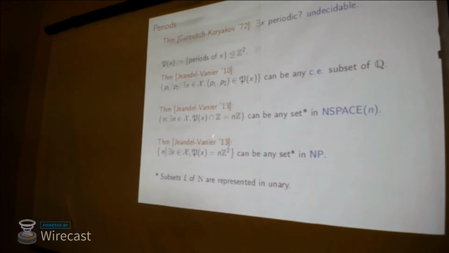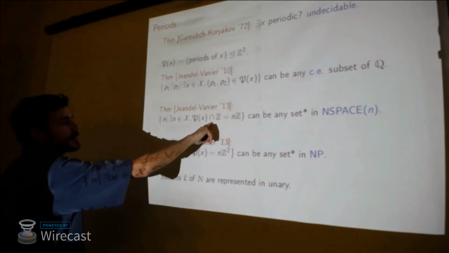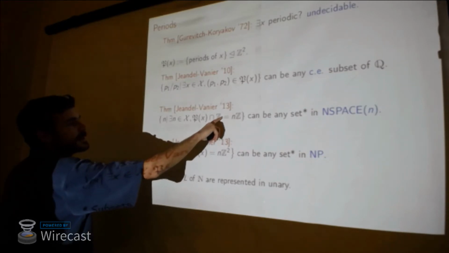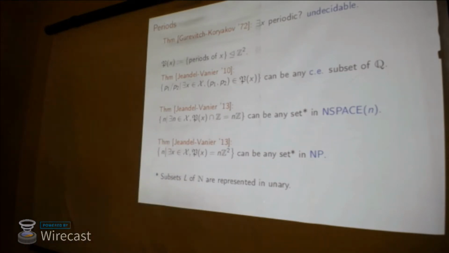They also proved that the set of horizontal periods, this means nZ times 0, the horizontal line, which I wrote as Z, inside an SFT can be any set which is in NSPACE(n), linear non-deterministic space.